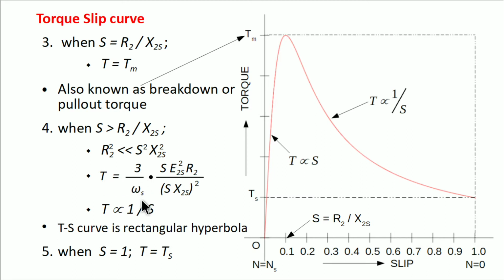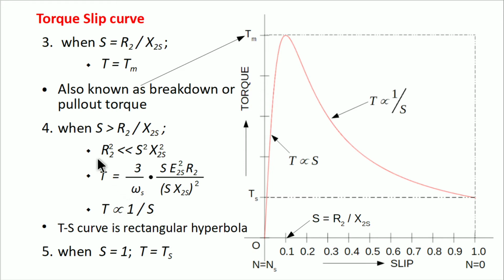T is equal to 3 over omega s, s E2s square R2 over s square X2s square. When we open the square, this is s square in the denominator. E2s square, R2, X2s, omega s, 3 are all constant. So s over s square becomes 1 over s. T is inversely proportional to slip.